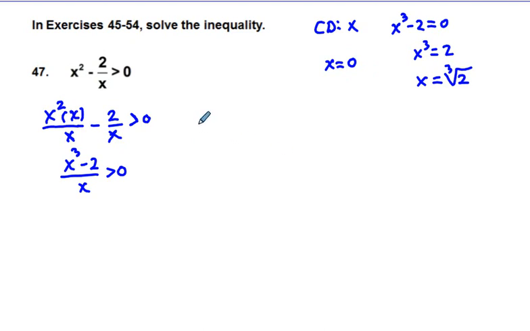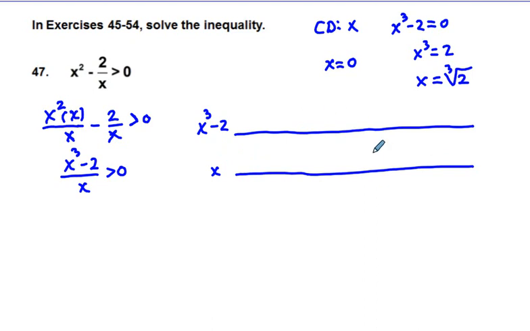So next, we can set up our numerator as x cubed minus 2. That's going to be what we evaluate in the numerator. And then we have x in the denominator.